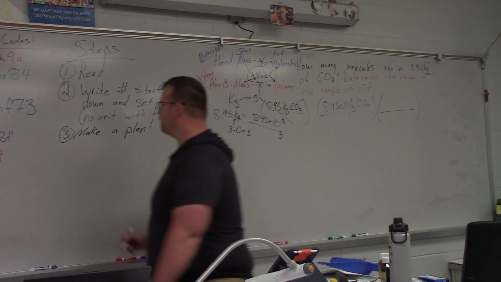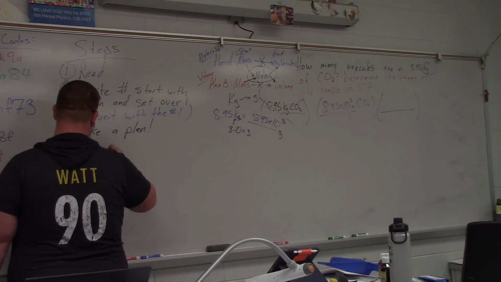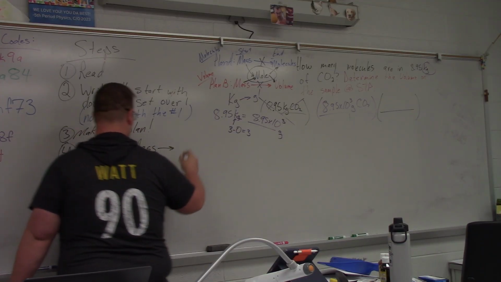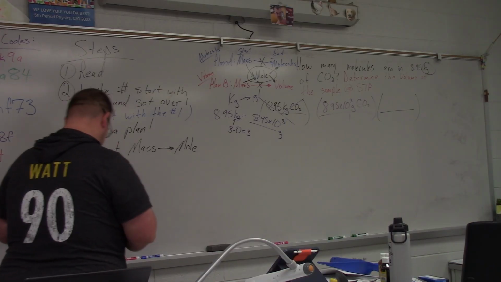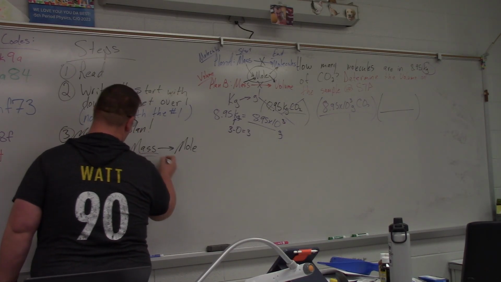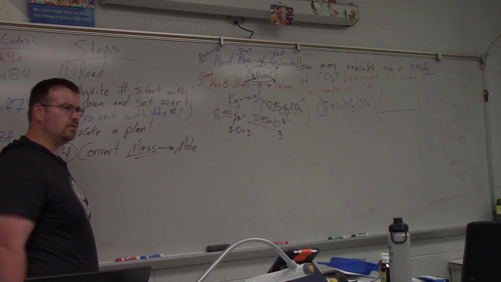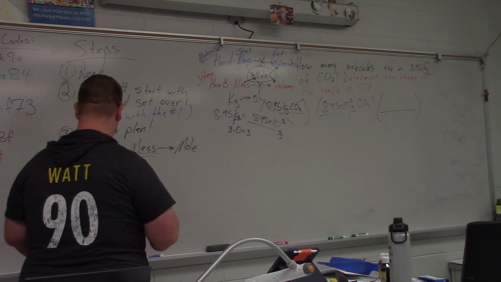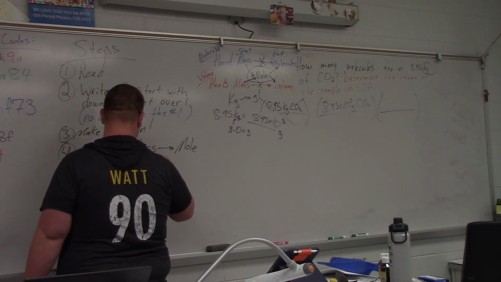On this one, step 4. Convert mass to mole. Hey, here's a hint for you. Mass. What's something else I'm going to need? Periodic table. Okay? So periodic table needed.